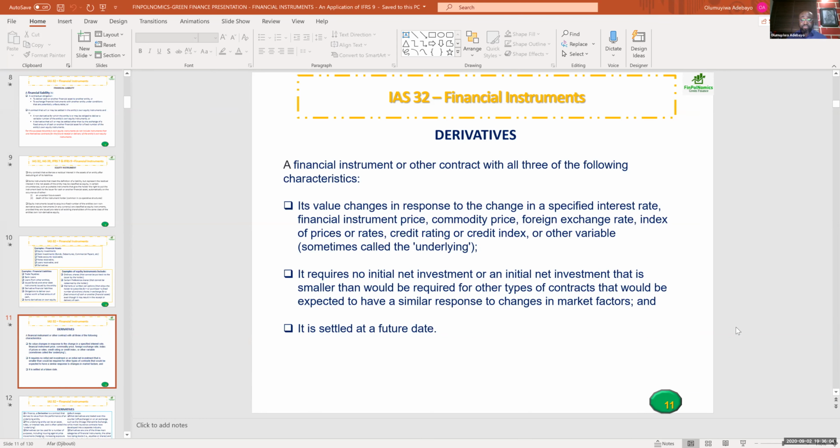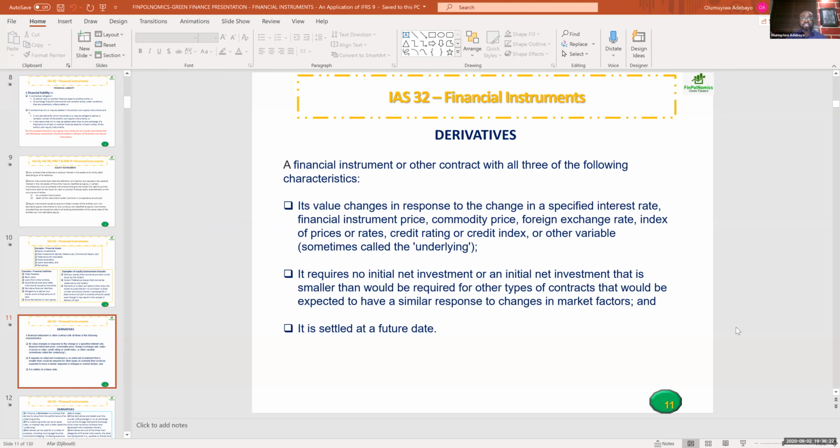Now, what do we mean? For example, if you consider from your own perspective that exchange rate will depreciate. For example, we say Naira will depreciate against dollar.